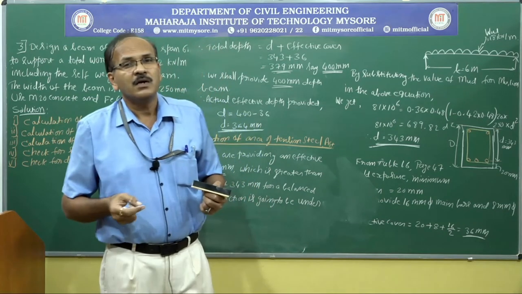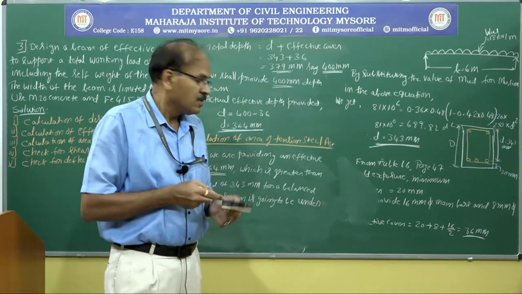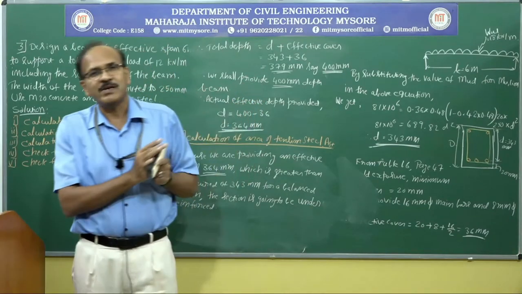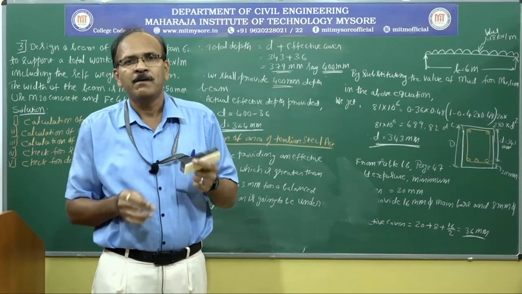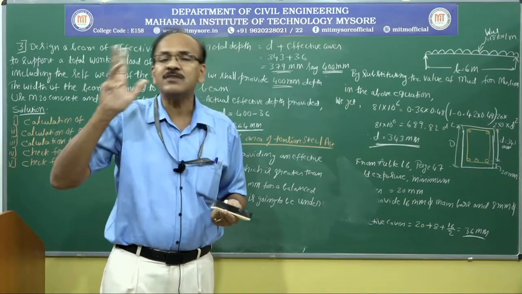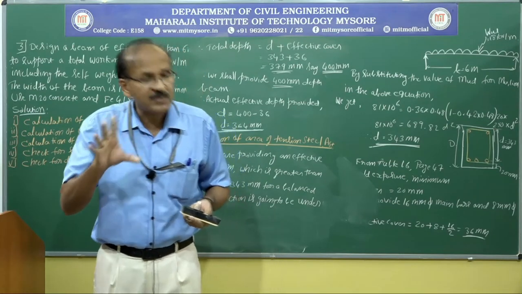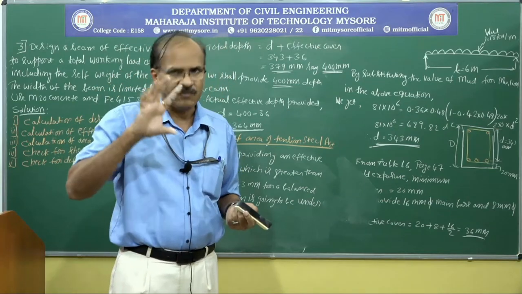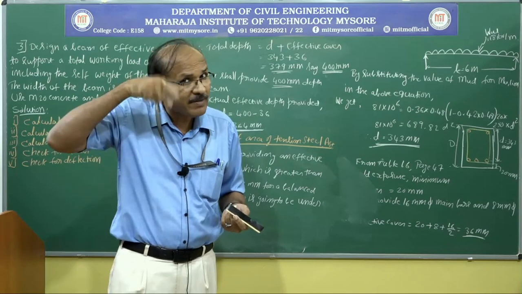See, as I discussed in the previous class, so to resist a given moment due to the external load, we need moment of resistance of the section. Okay, that moment of resistance is given by compressive force or tensile force, because numerically they are the same, multiplied by the lever arm.